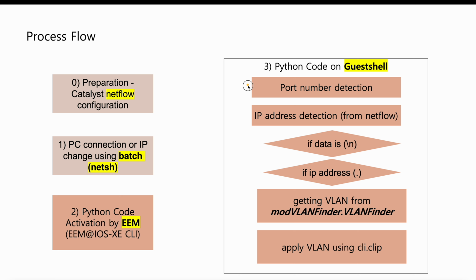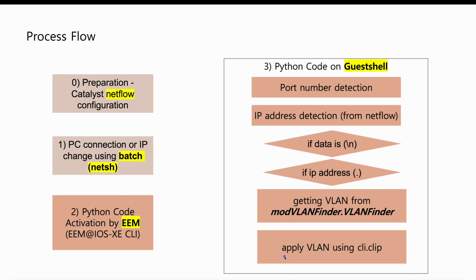First, we will detect the port number, and second, we detect the IP address, then detect the VLAN using the module, and then the VLAN is assigned to the port. Simple, just like people.